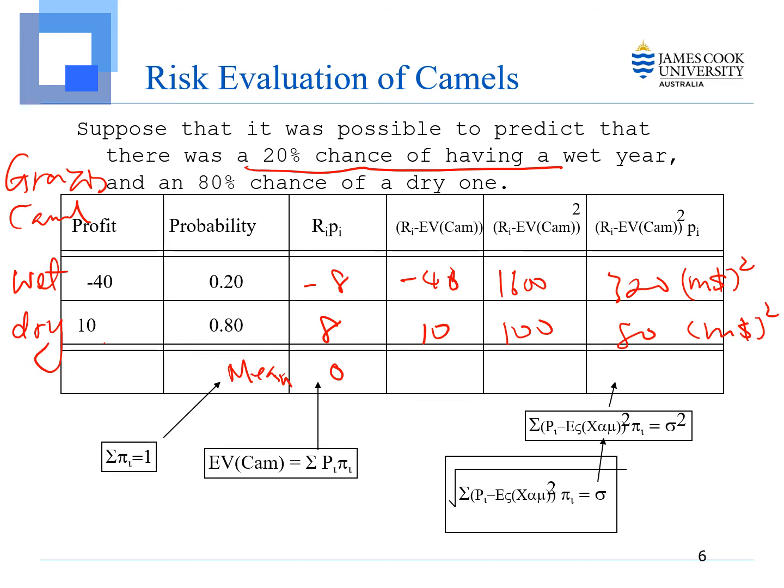Summing up, we get the variance, which is $400 million square. And to calculate the standard deviation, we square root it and get $20 million. Okay, that's the mean expected profit and the risk, the standard deviation, of grazing camels.